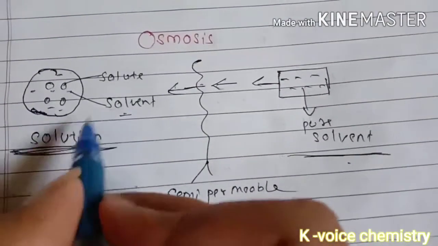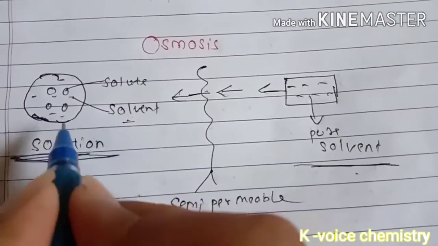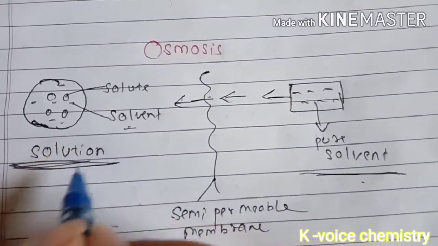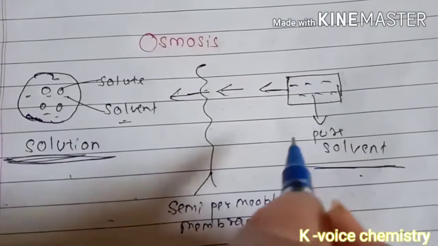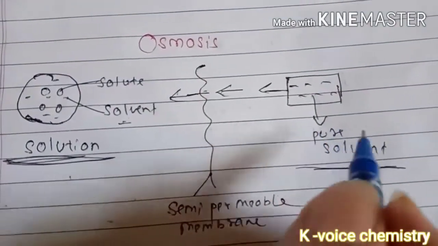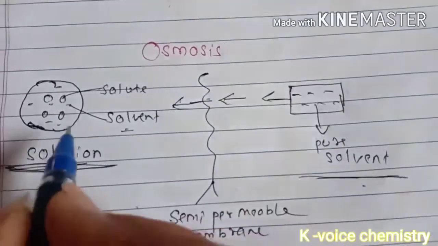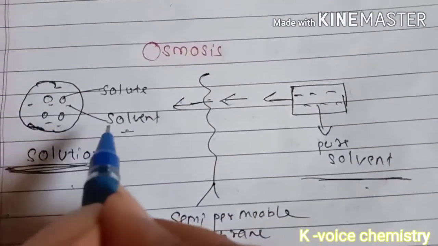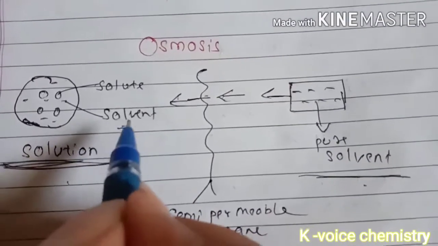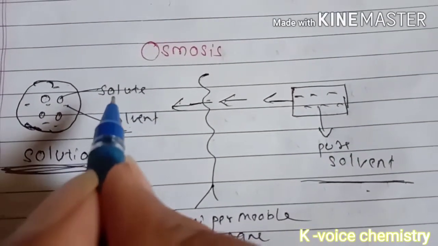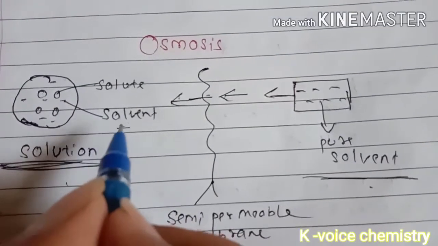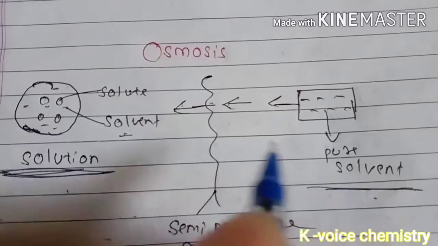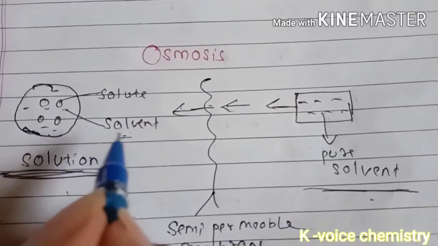Yes, it will cross, but the number of solvent molecules present in this solution is less, because here is a pure solvent and here is solvent along with the solute molecule. So the number of solvent molecules will be less here.